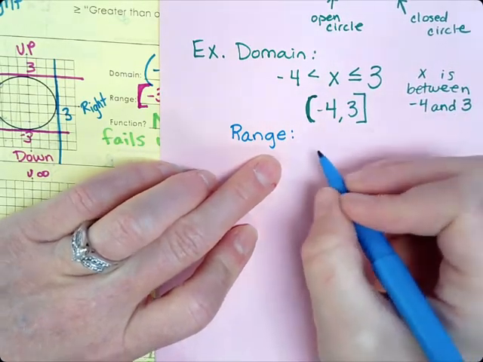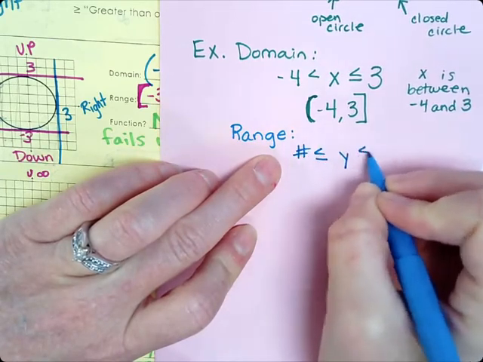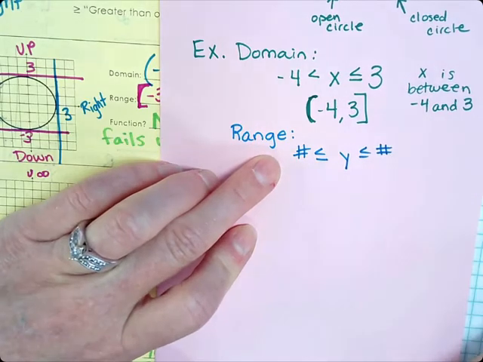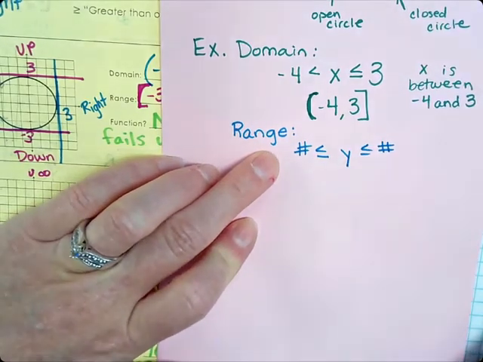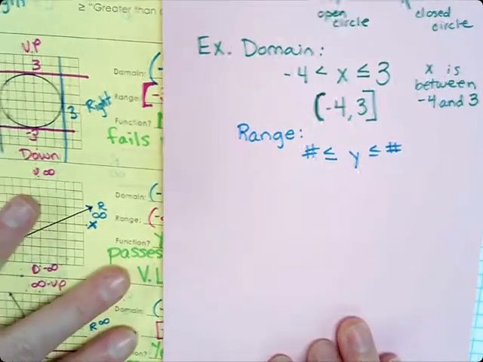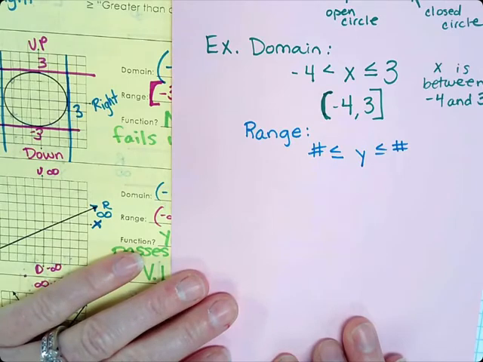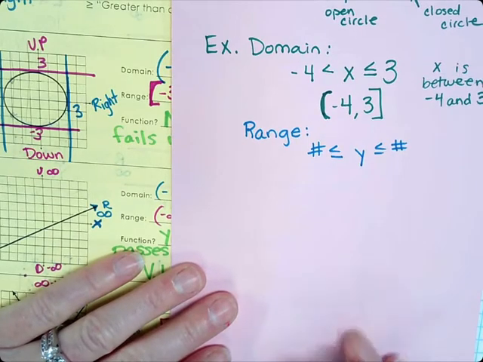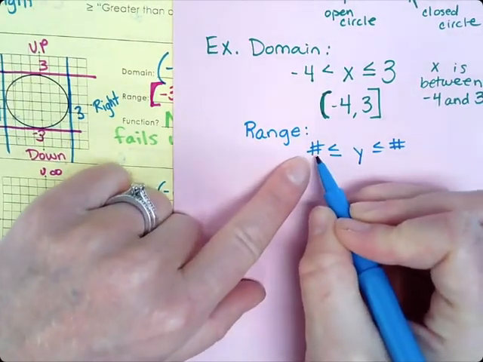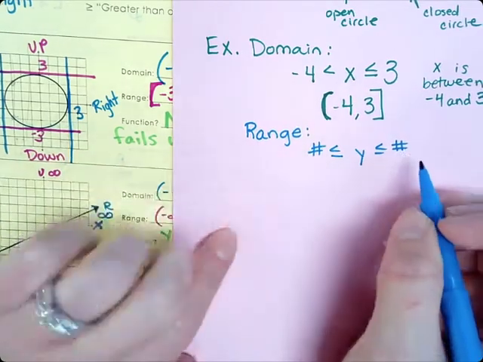So an example would be a number is less than or equal to y is less than or equal to another number. So this is the least number, the smallest number, and this is the biggest number.